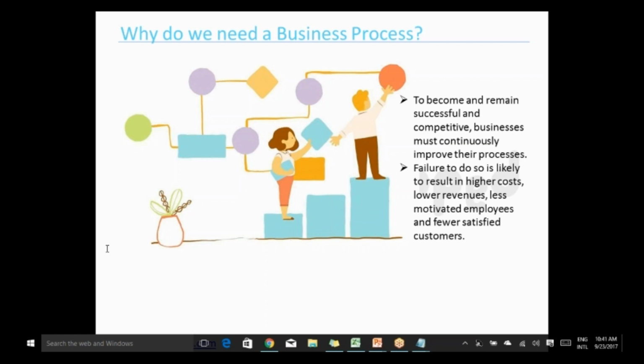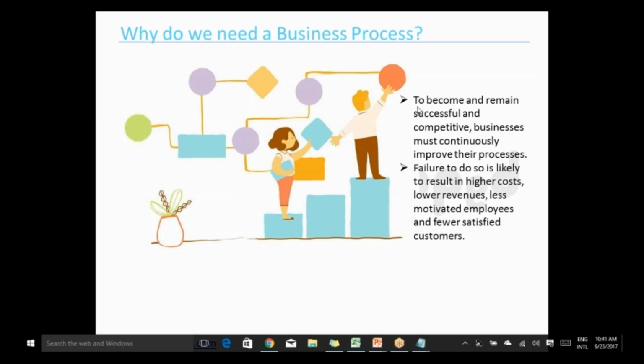Whatever organization you join, 50 to 60% of your time would be spent on analysis of these processes. Like I explained earlier in the HR example, processes are step-by-step activities that you perform in order to achieve a business goal.